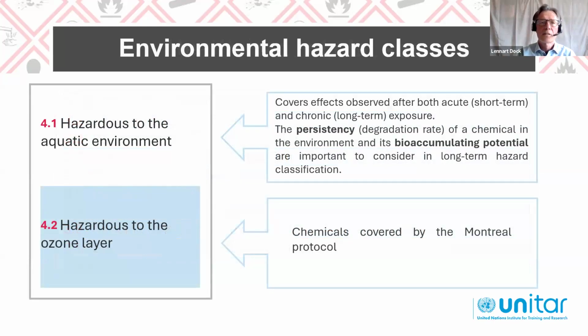Environmental hazard classes: presently there are 2, hazardous to the aquatic environment and hazardous to the ozone layer. Now, hazardous to the aquatic environment, why is it not hazardous to the environment?